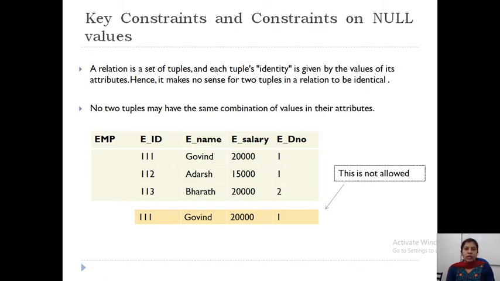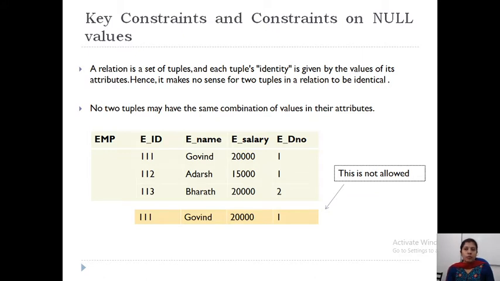Here, the key constraint says no two tuples may have the same combination of values in their attributes. That means the data should not be repeated in the relation.